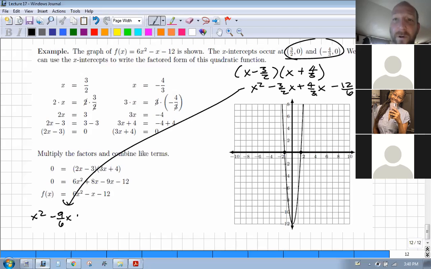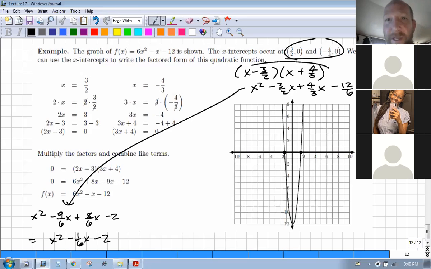And then this 4/3 multiplied by 2/2, we get 8/6. 12/6 is 2. So minus 1/6 x minus 2.